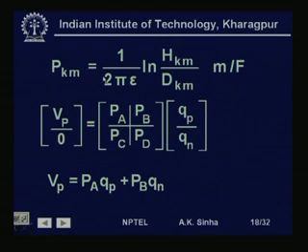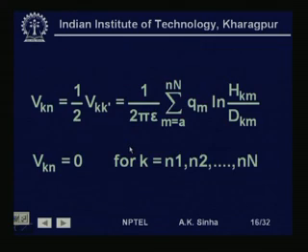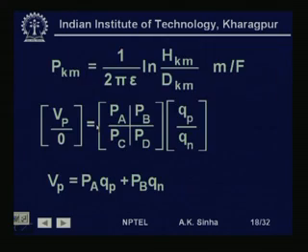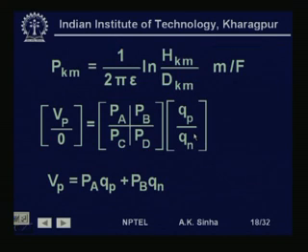Here P k m, that is any of these terms P a b, P b b or P n 1 b, is given by the relationship 1 by twice pi epsilon log n h k m by d k m meters per farad.